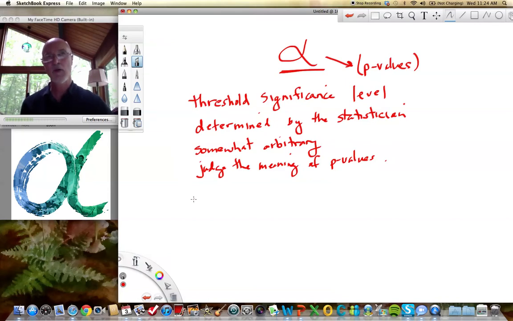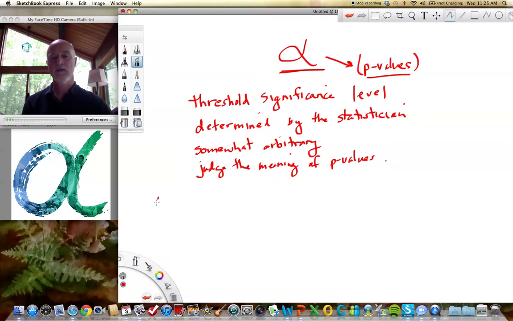So before you do your tests, you set your alpha level, before you do your statistics, and before that statistic has an associated p-value, you say to yourself, I believe that in this kind of test, it will be a reasonable thing for me to say that I have statistical significance when the p-value is below a certain value of alpha.